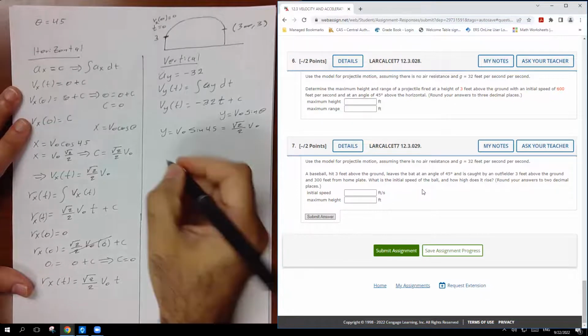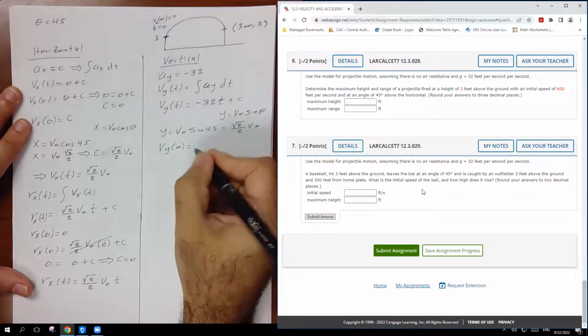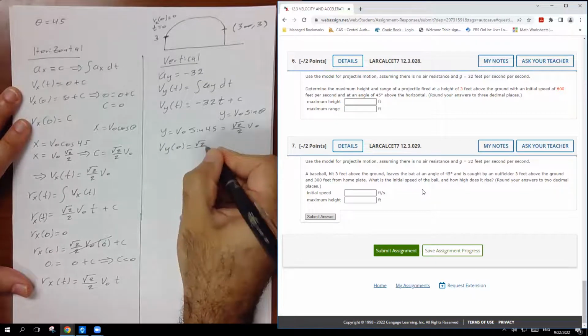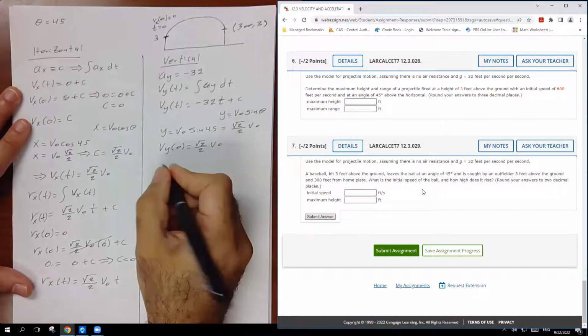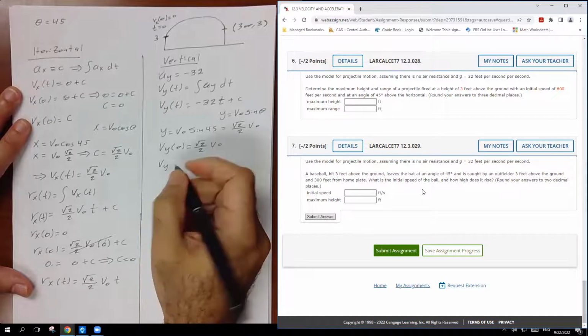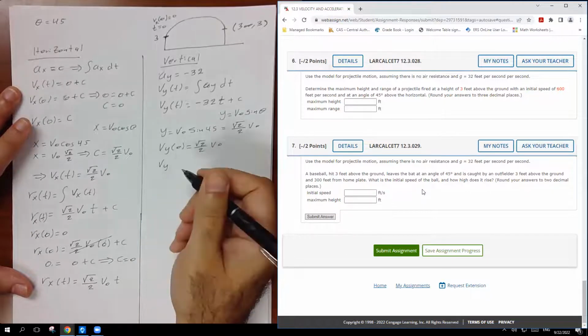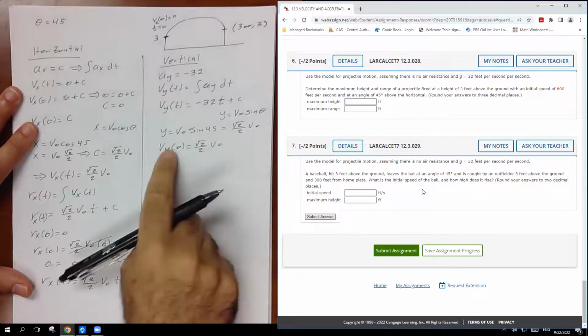That means v sub y at t equals 0 is equal to square root of 2 over 2 v naught. So v sub y, let's find, because I already found the integral, I'm going to plug in now.